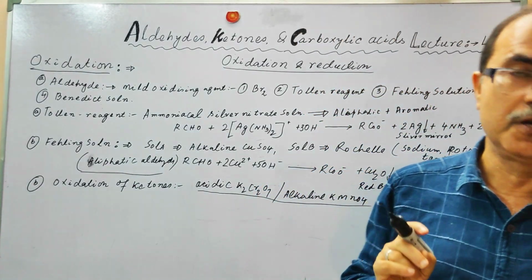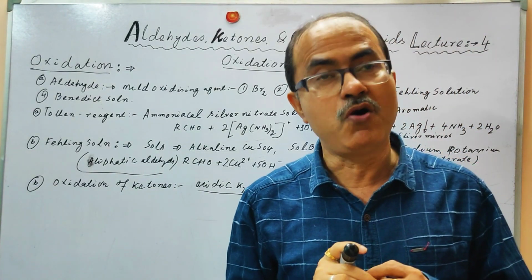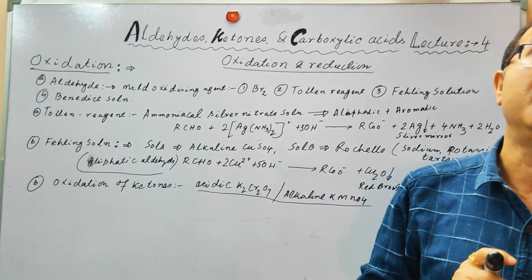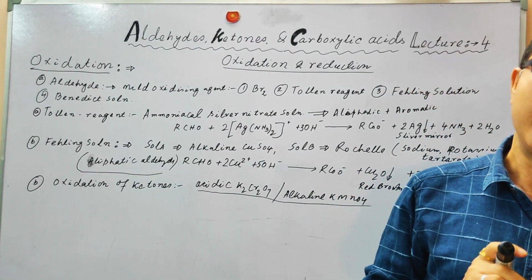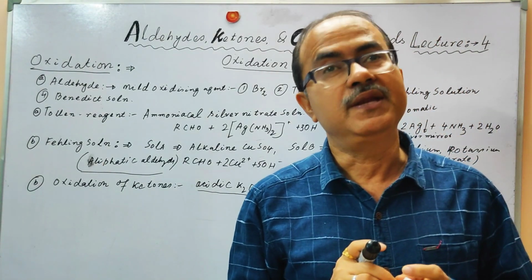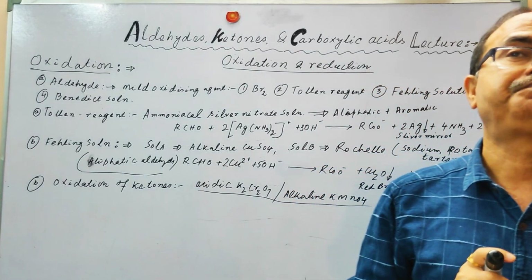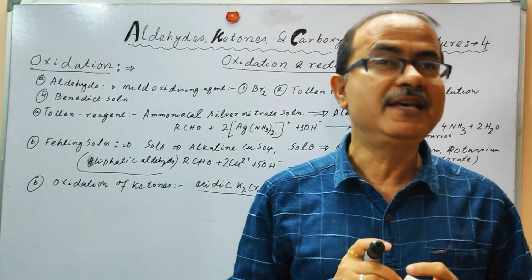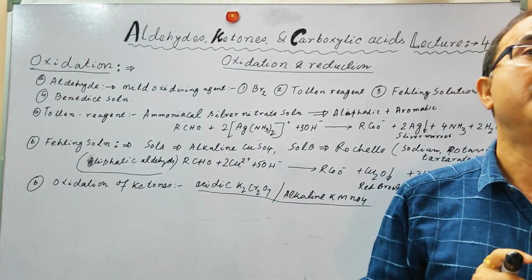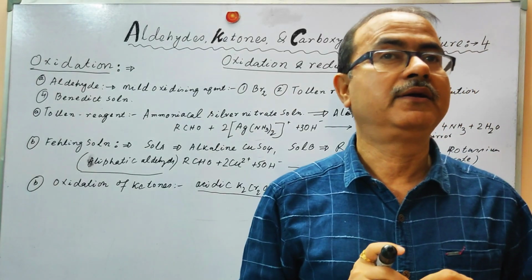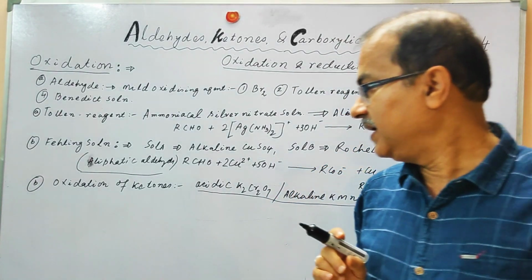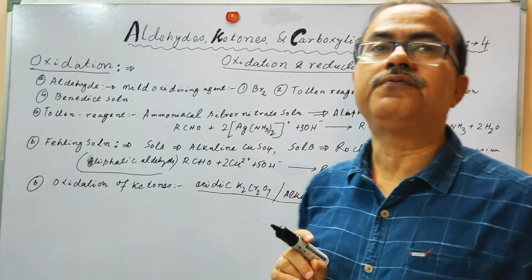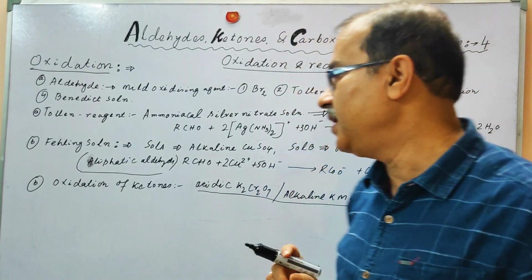So this very strong oxidizing agent is required for oxidation of the ketones, and in this case you will find there is the rupture of the carbon bond on either side of the keto group, and it will result in carboxylic acids having fewer carbon atoms than the parent ketones. So let us understand which type of breakages occur.